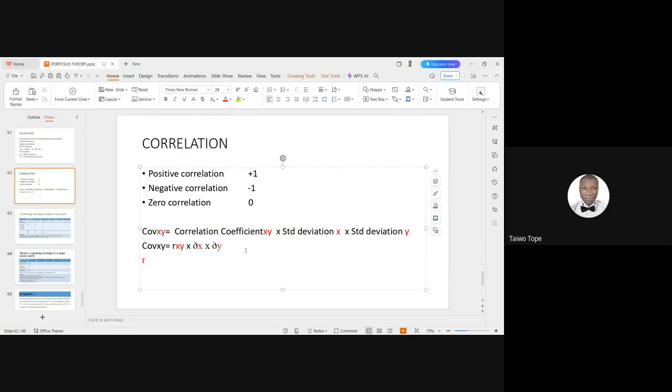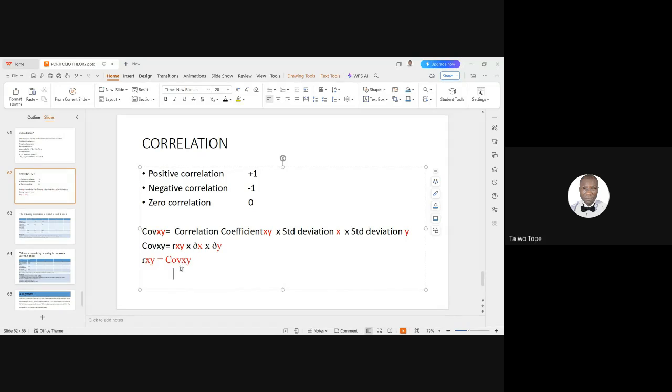Your correlation coefficient will be covariance of X and Y divided by standard deviation of X. Very good. I want you to say it with your mouth.